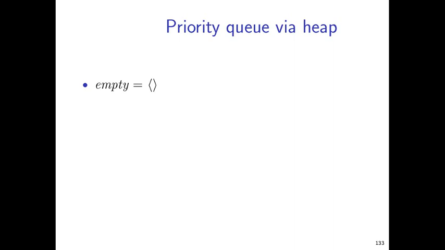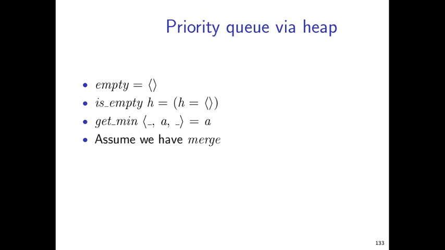So, let's do it. The empty operation is, of course, the empty tree. Is empty? Well, you can query whether the tree is empty. Getmin, as I said, just return the root of the tree. Now, let's do it this way around.